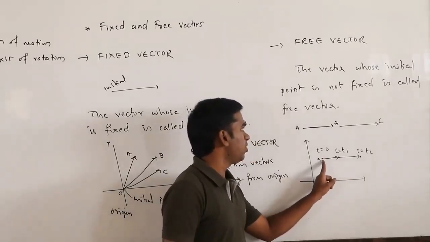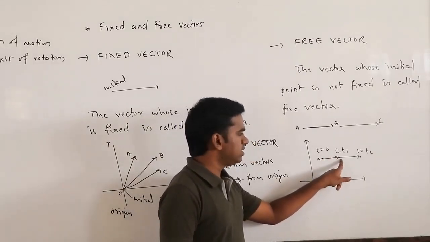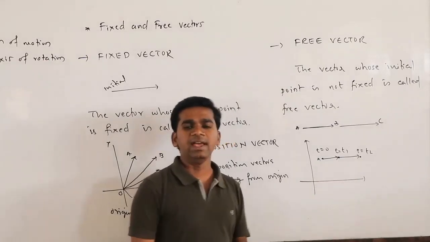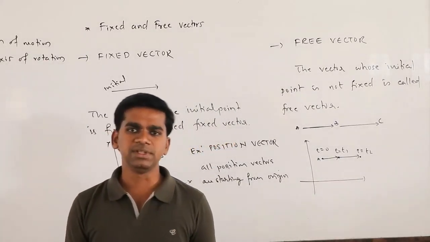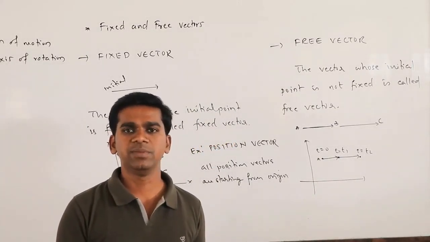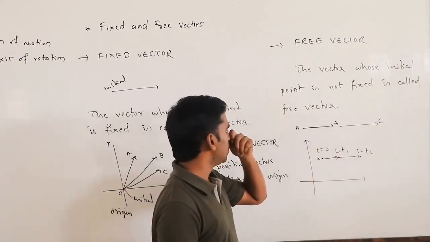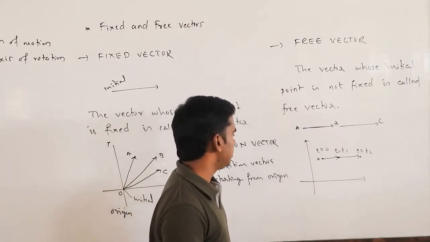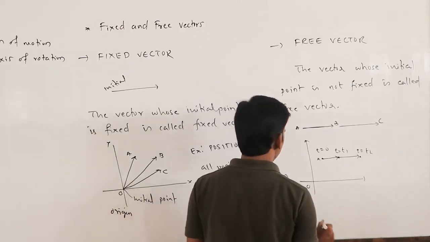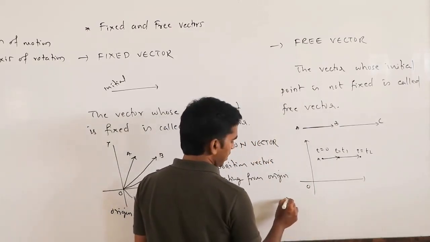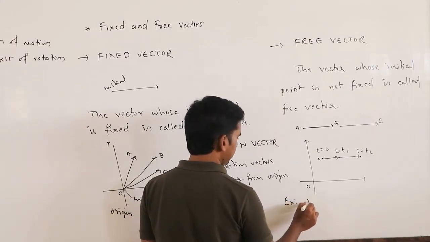Before, its initial point was here, now its initial point is here. As displacement and time change, the initial point may change or may not change. Most of the time it will change, so a better example is the displacement vector. Example is the displacement vector.